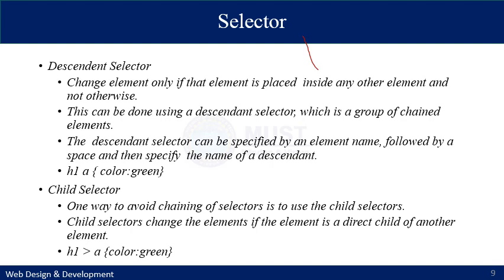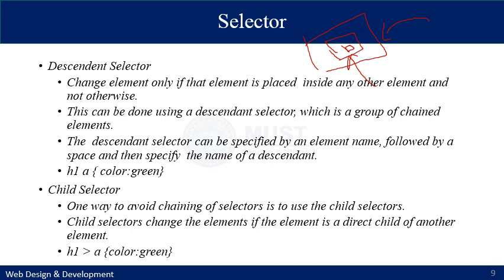For example, if we have a div element and a button element placed inside a paragraph element, and we want to change this button element, we can use the descendant selector only if the button is a descendant of a div element. So this can be done using a descendant selector, which is a group of chained elements.